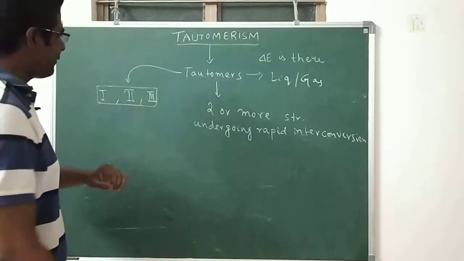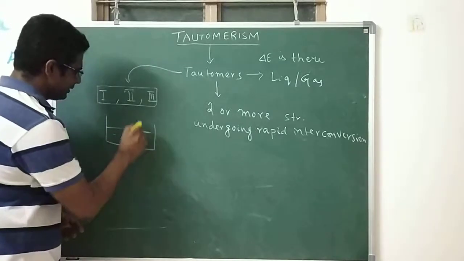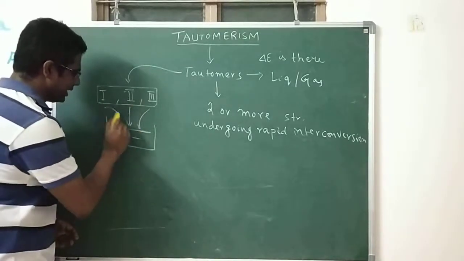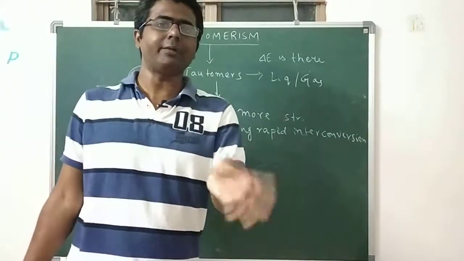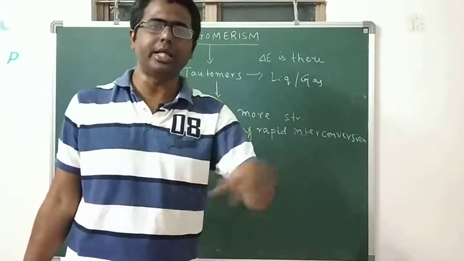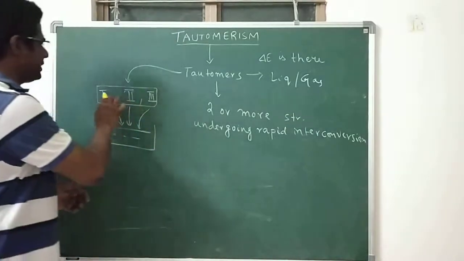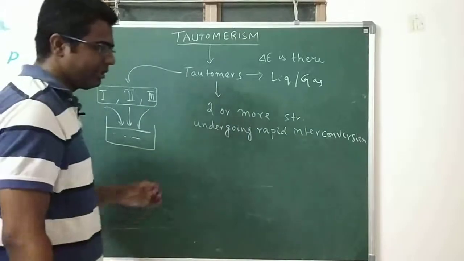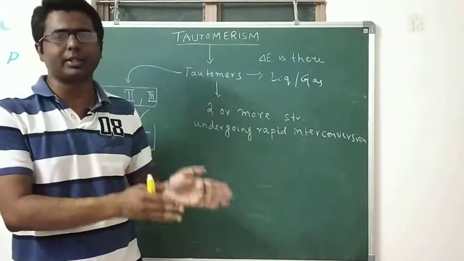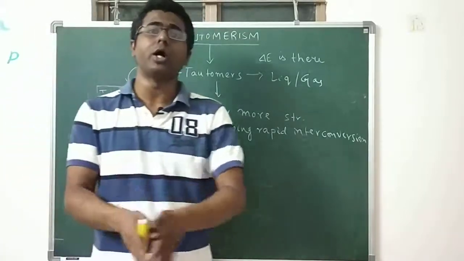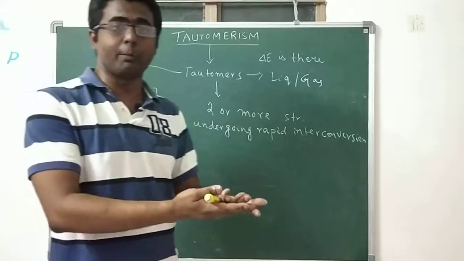If we put these three structures in a beaker, okay, what are the relative compositions of 1, 2, 3 in this beaker? It cannot be that everybody has equal contribution. It is not possible that there will be 33.33% of 1, 33.33% of 2 and 33.33% of 3. There may be different compositions.